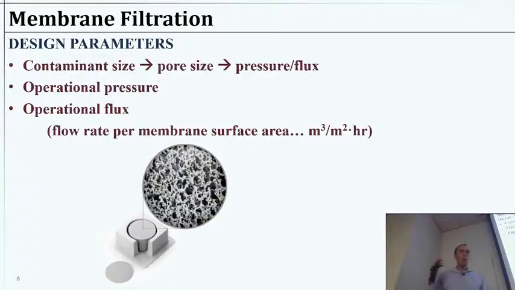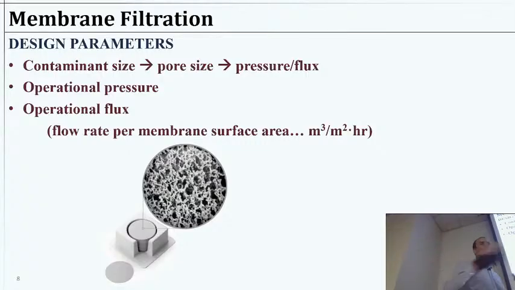Okay, a little bit about what we make membranes out of and what kind of stuff we can remove. The overall design parameters for a given membrane is, well, what are we trying to use it for? Are we trying to remove just bacteria? Is that fine? We've got some other process to take care of viruses, or maybe some application that doesn't care. So what size of pores do we need?